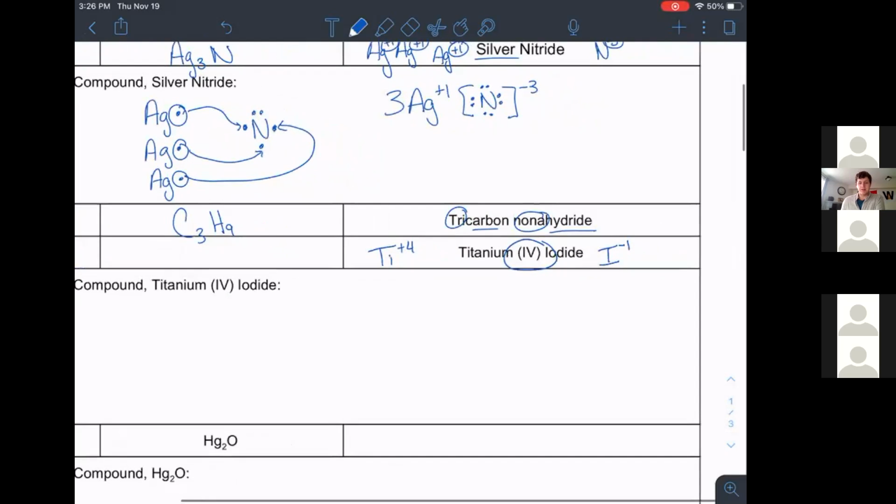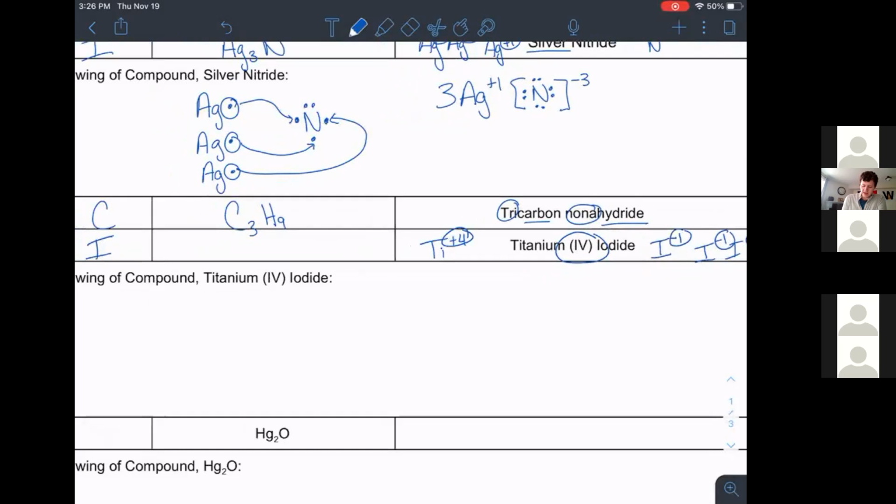That means if we want our charges to balance out, we would need 4 iodines with their -1 charge to balance out the 1 +4 charge. When we write this formula, then we have titanium 1, iodine 4.